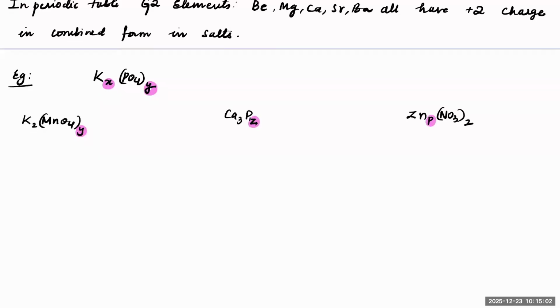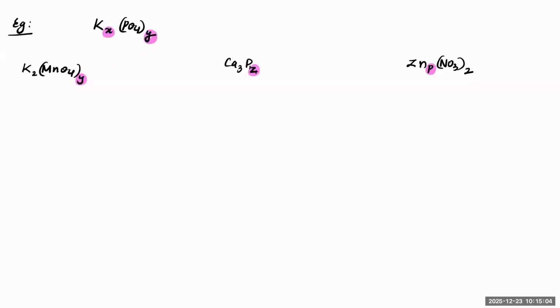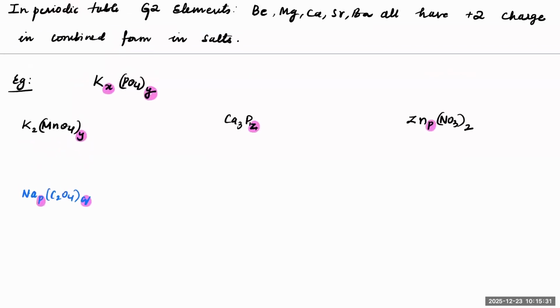You need to check what values they can have, so that we are clear what kind of salt we are talking about. Similarly, if I have Na p and C2O4 q, again find p and q. So check out what values we can get here.